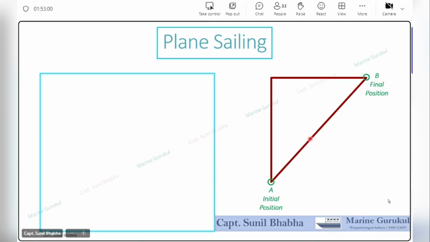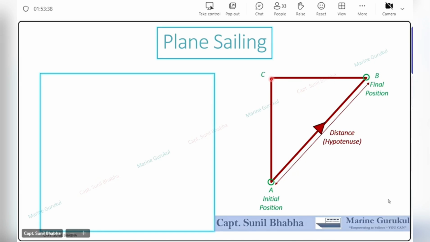You can see a right angle triangle involving our initial and final positions. Now in this right angle triangle, the side A to B, which is the hypotenuse, is representing the distance between our initial and final positions. If we measure this distance on a chart, we will be able to get the distance between our initial and final positions.